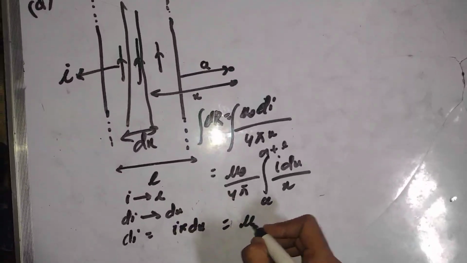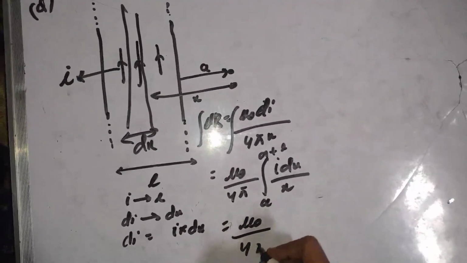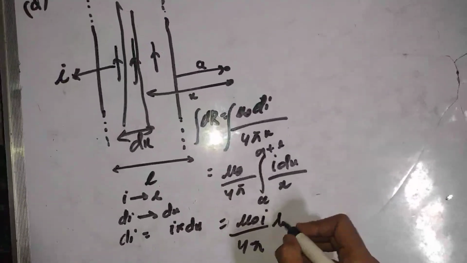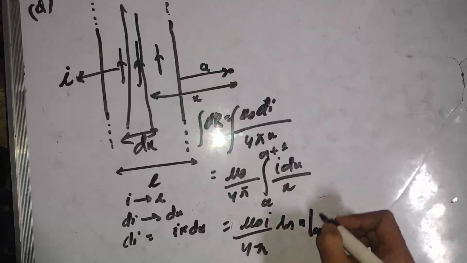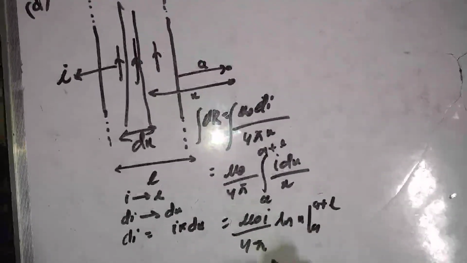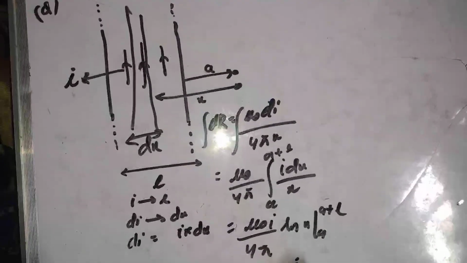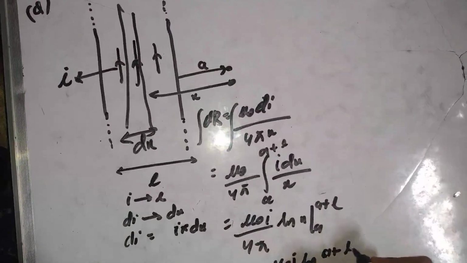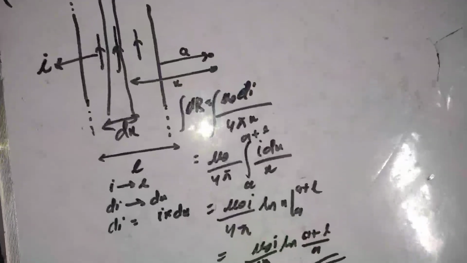This is a very easy problem, by the way. We'll take I here, and this is ln x from a to a plus l, and now this is very simple. So this is ln of (a plus l) upon a. That's the solution.